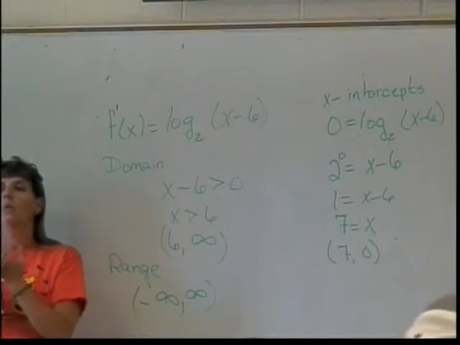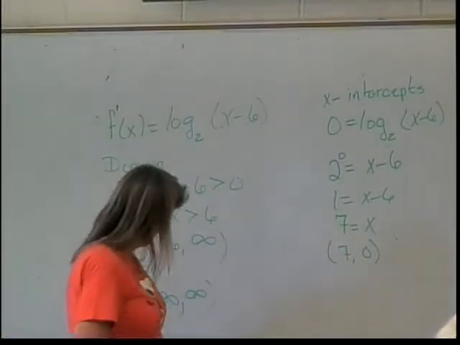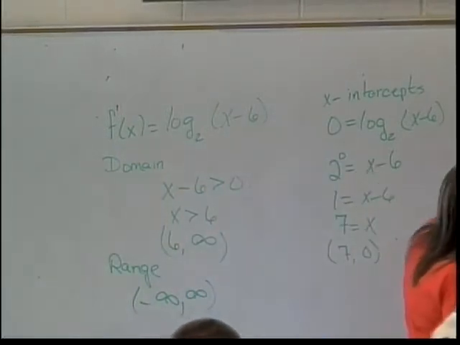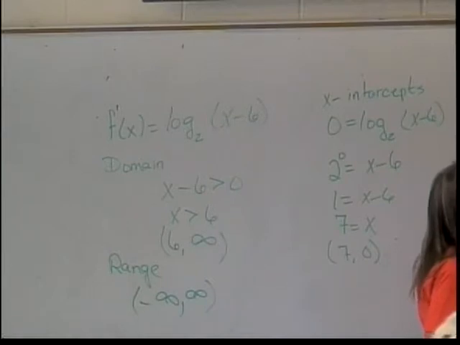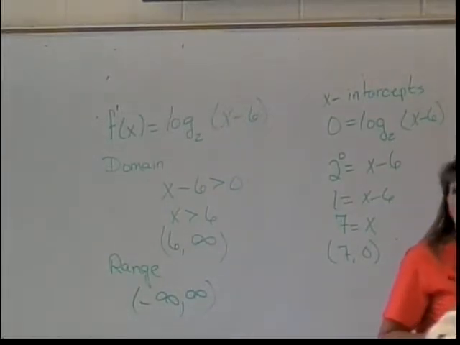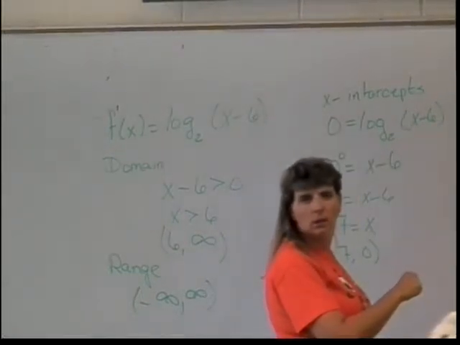Now, when we looked at our basic logarithmic function, it had a vertical asymptote because what did our basic logarithmic functions look like? How did you get 2 to 0? That's what the definition of log means. Two to that power equals whatever you take.